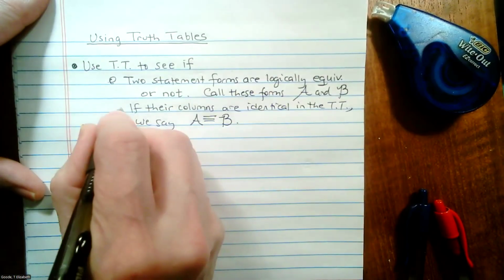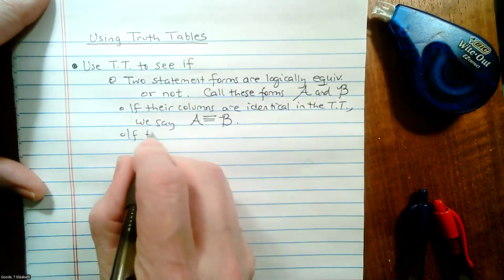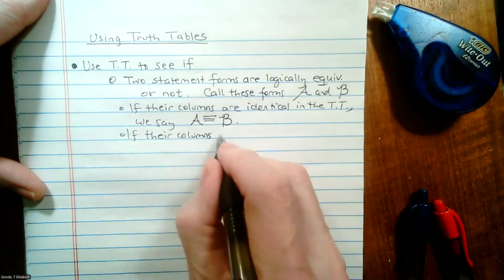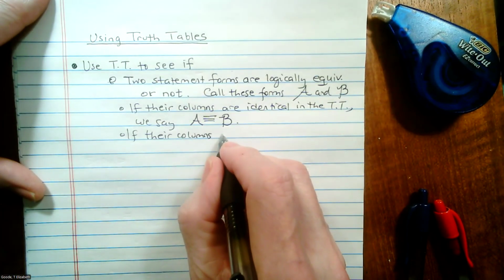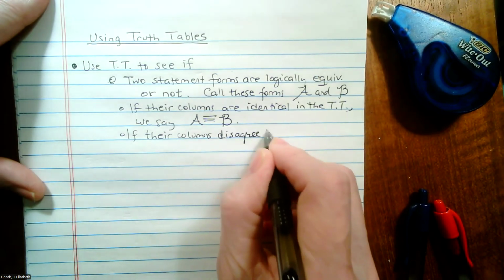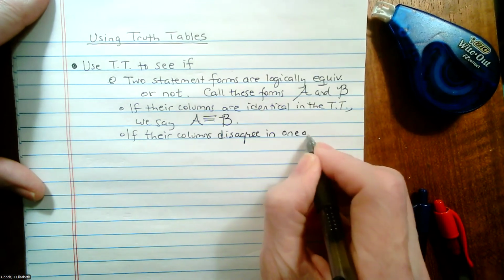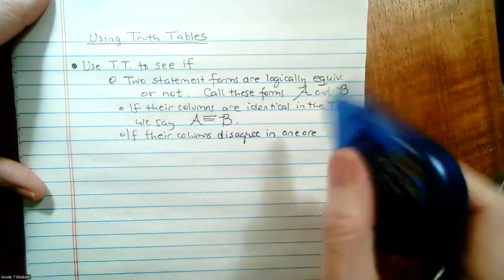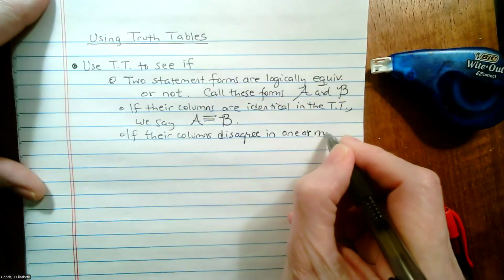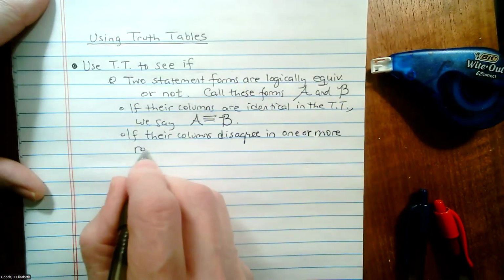But if their columns disagree in one or more rows, then they are not logically equivalent.